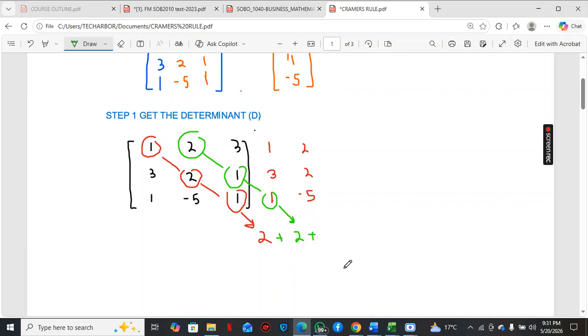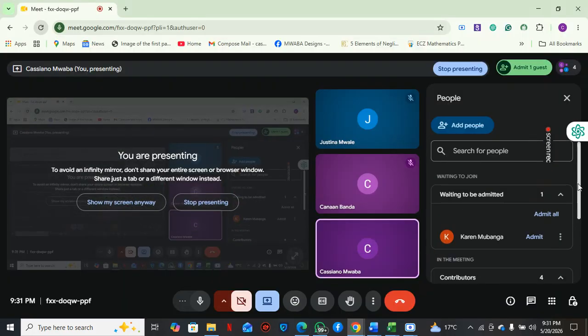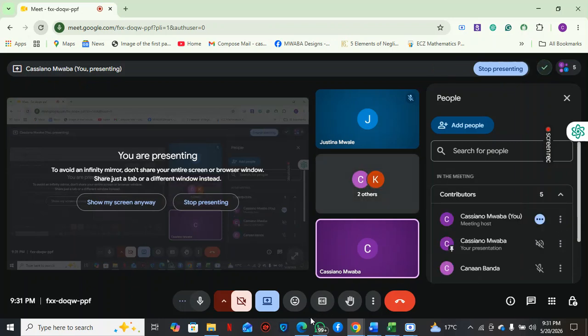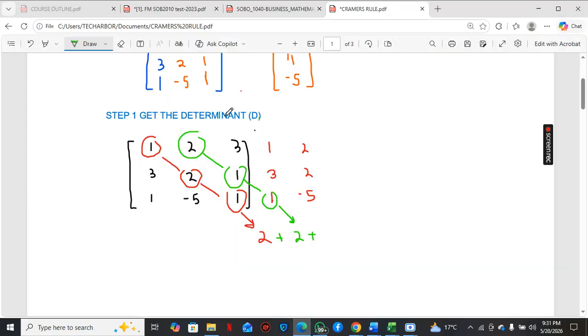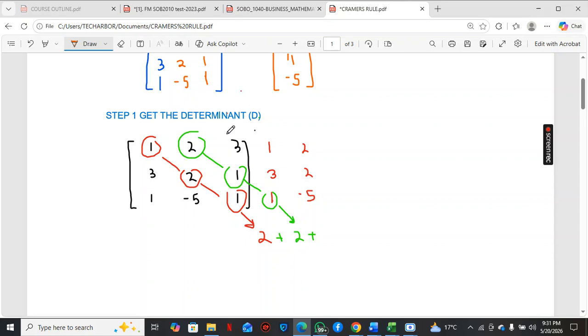Plus, we'll go to the next diagonal. 3 multiplied by 3, that is 9. 9 multiplied by -5, that is -45.